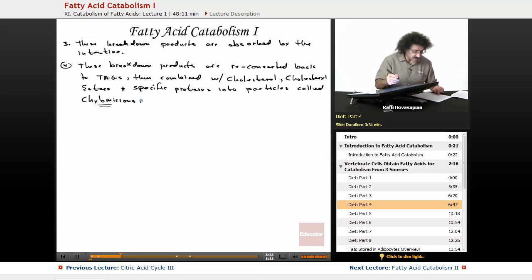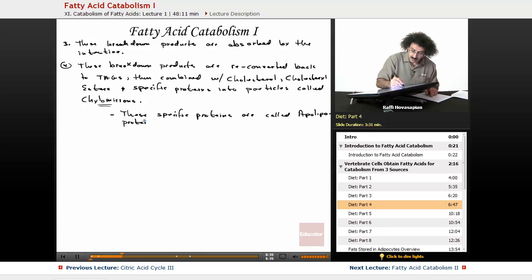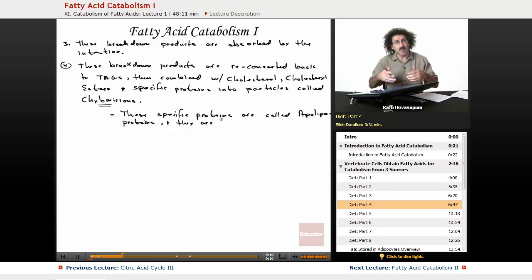Okay, so I want to say a word about these specific proteins. These specific proteins are called apolipoproteins, and they are responsible for actually transporting the lipids through the bloodstream, because fats, as you know, are not water soluble, so they can't just float around in the blood or in the lymph.